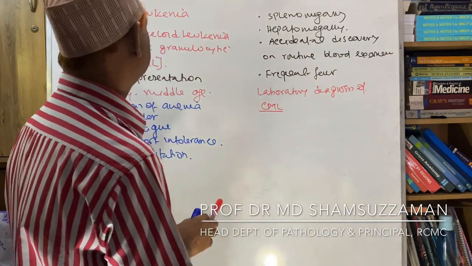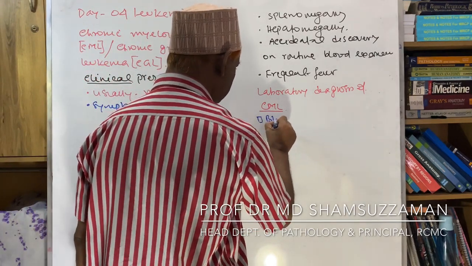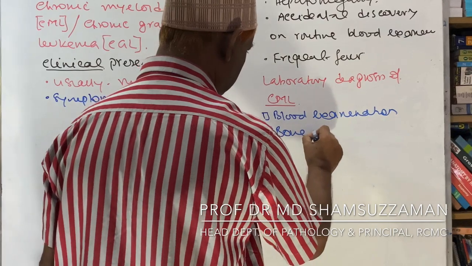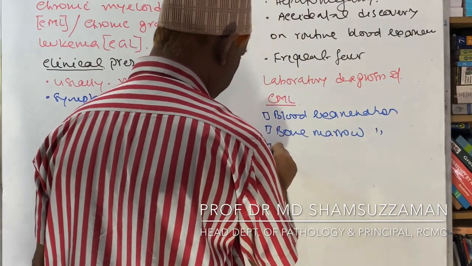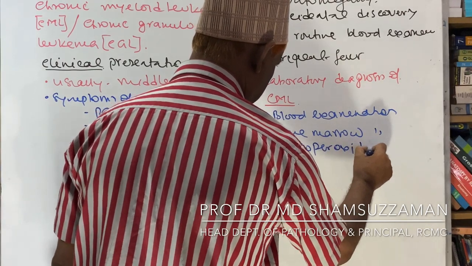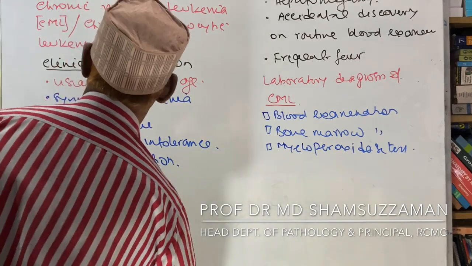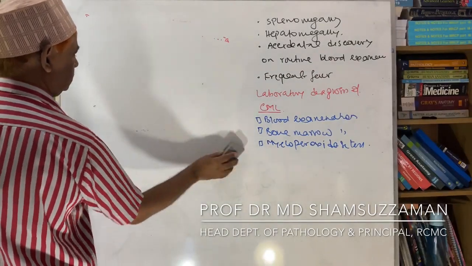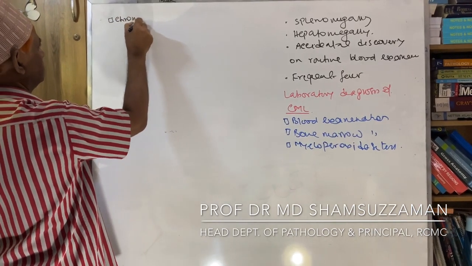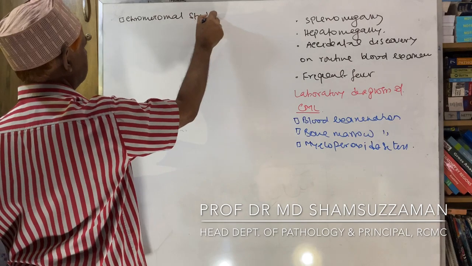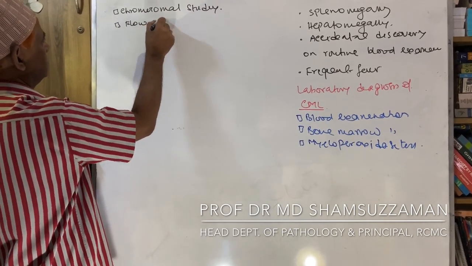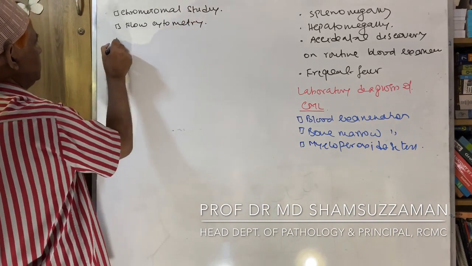We have to do blood examination, bone marrow examination, myeloperoxidase test, then chromosomal study, then flow cytometry, cytochemistry.